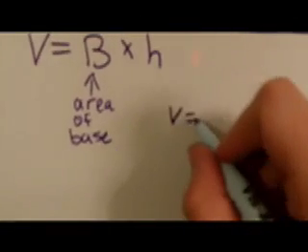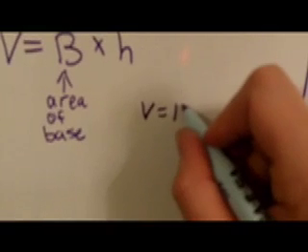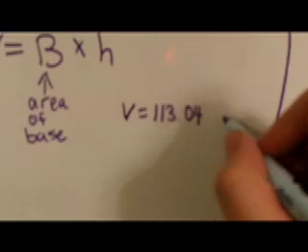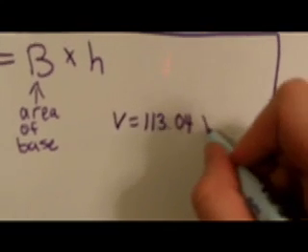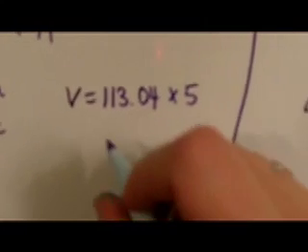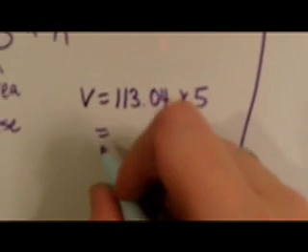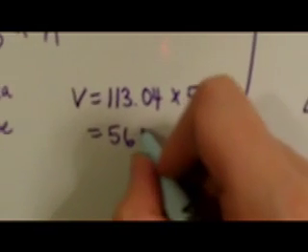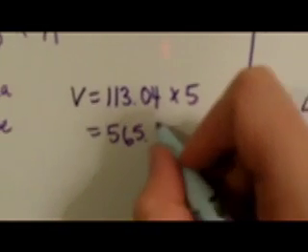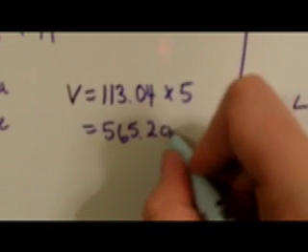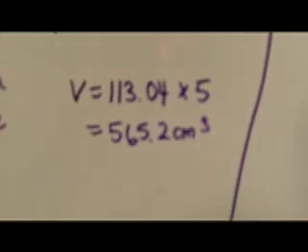We multiply 113.04 centimeters squared times 5 centimeters. When we multiply that out, use your calculator, we will get 565.2 centimeters cubed.